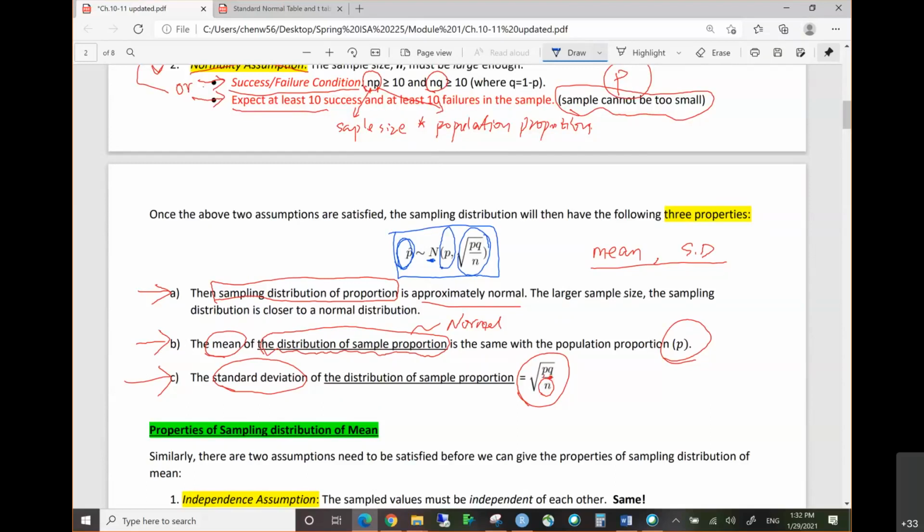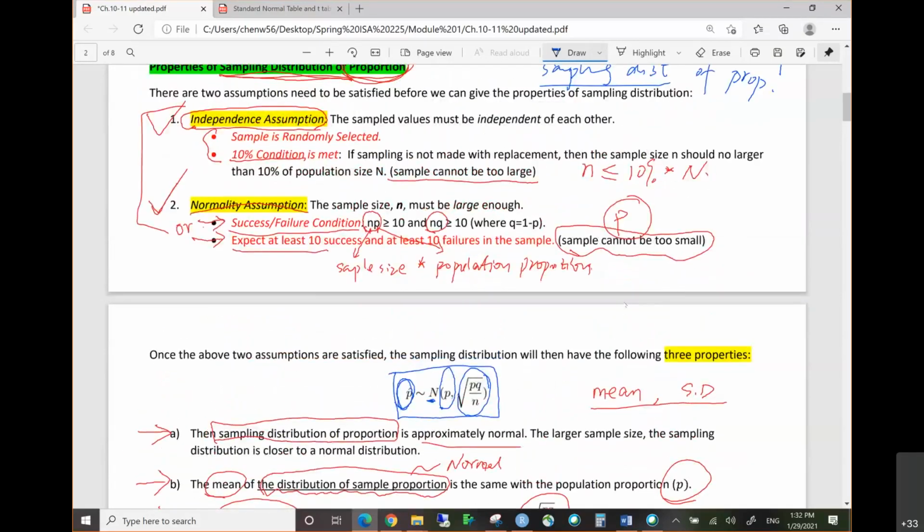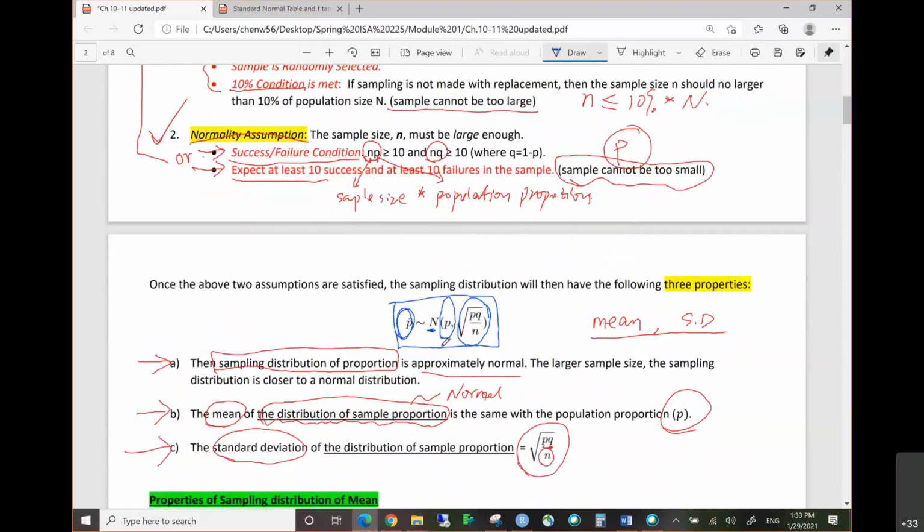We will talk about this later. So these are the properties of the sampling distribution of proportion: we have two assumptions to check whether it follows a normal distribution, and if it does, we describe its mean and standard deviation.